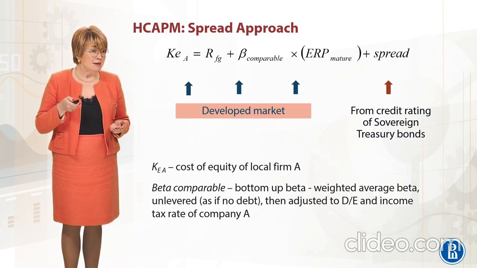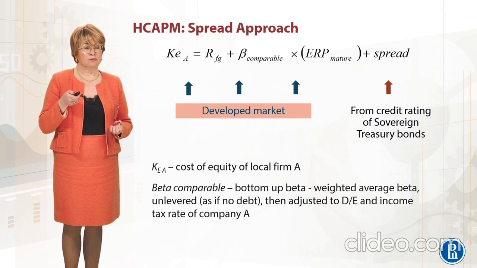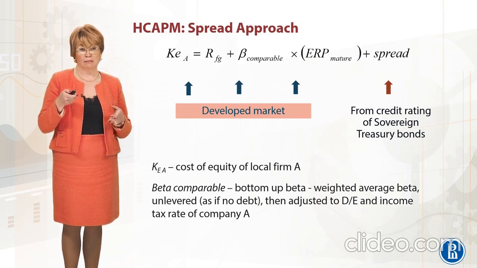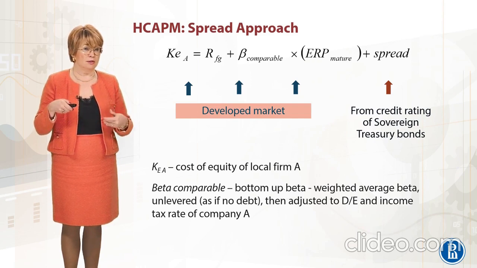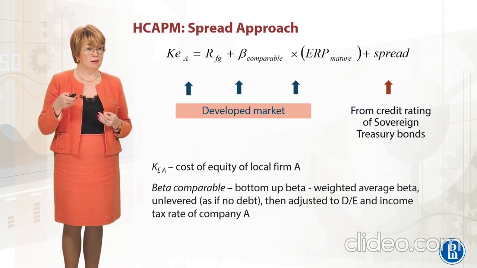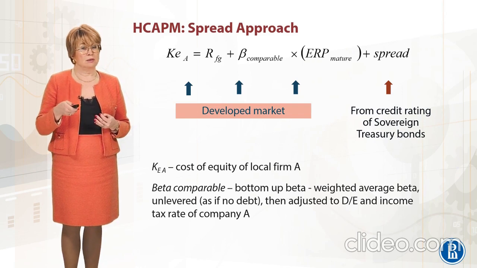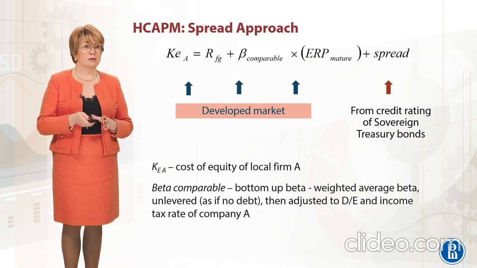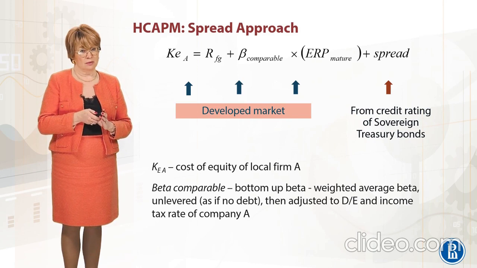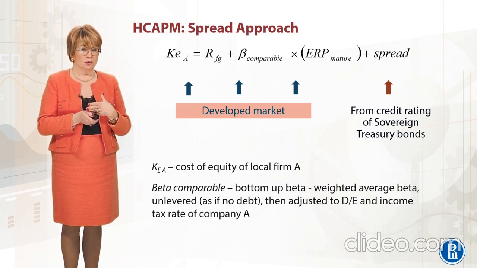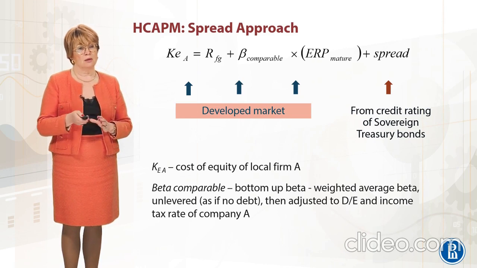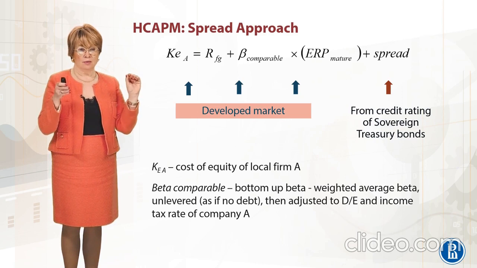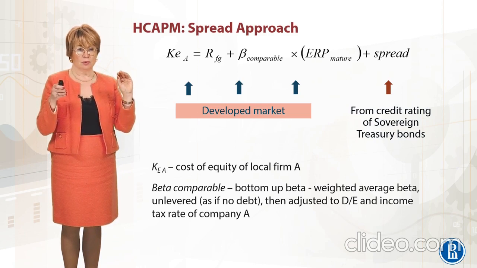But the betas are again derived from the data from the benchmark market, from the comparable companies, of course, adjusted to the financial leverage of the target company A, which is a local company, not in the developed market, but here in the emerging capital market. And the adjustment concerns the debt to equity ratio of that company and the income tax rate of the target company A. And this is called the hybrid approach, spread approach.